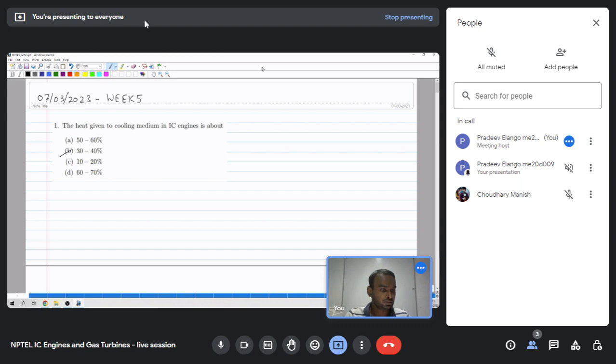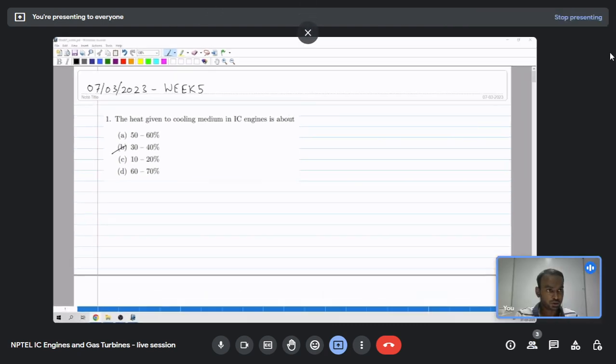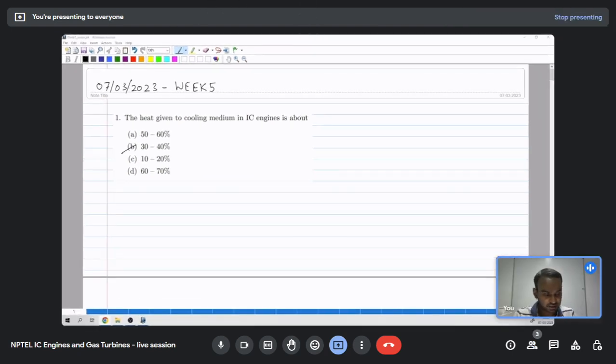It is a rule of thumb that for IC engines, if you give 100% energy as fuel input to the engine, this will be split into 33% useful mechanical energy. That is what we get on the shaft, and we call it brake power.